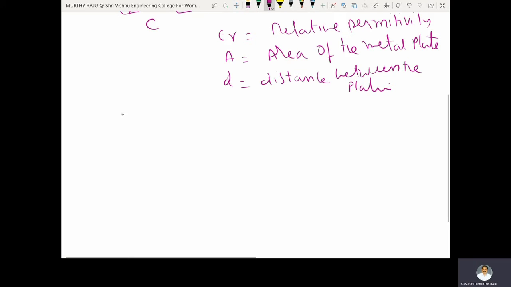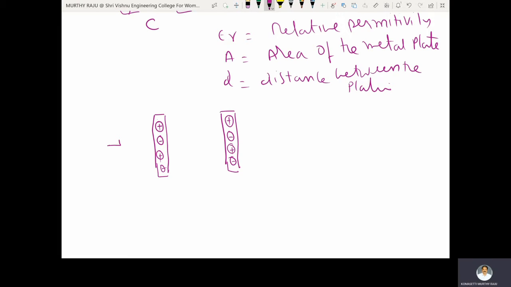Suppose a DC voltage is applied to the plates. This is metal plate 1, and this one is metal plate 2. The charge distribution is plus minus, positive and negative charges equally distributed.